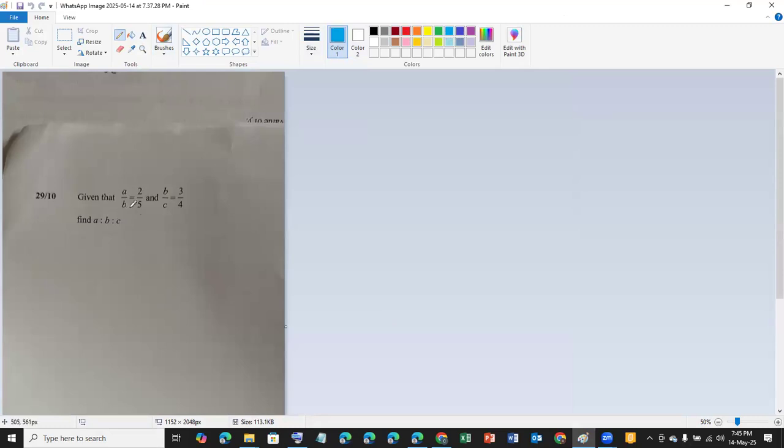Okay, so given that a over b equals 2 over 5, and b over c equals 3 over 4, find a is to b is to c. Somebody will be thinking, how come b is looking like it's mapped to 5 here, and b is looking like it's mapped to 3 here? They don't seem to match. So what should we do?